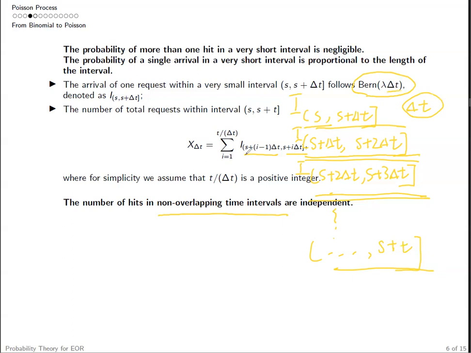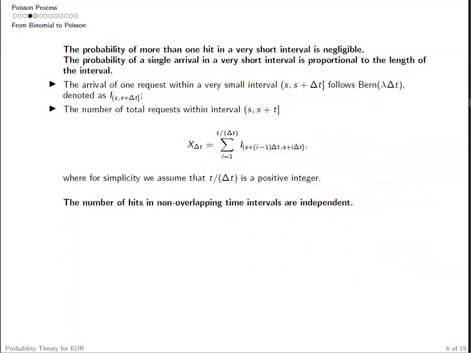So we have IID indicator random variables. And what is their summation? We sum them all together. Well, we know this follows a binomial distribution, which is the sum of independent Bernoulli random variables of the same success rate, lambda delta t, right?